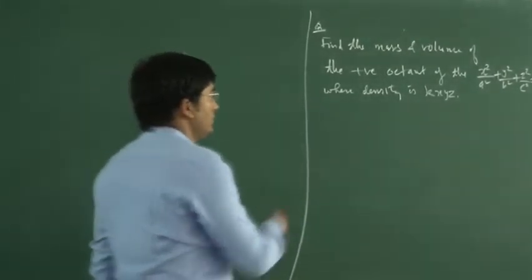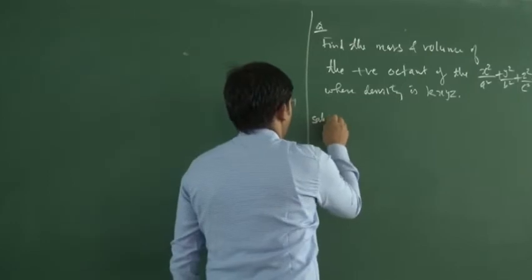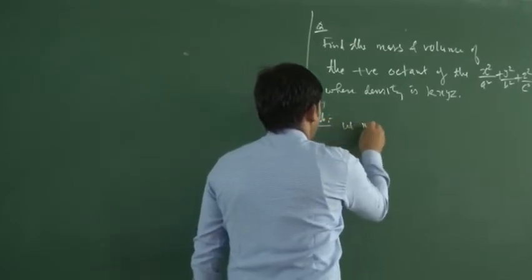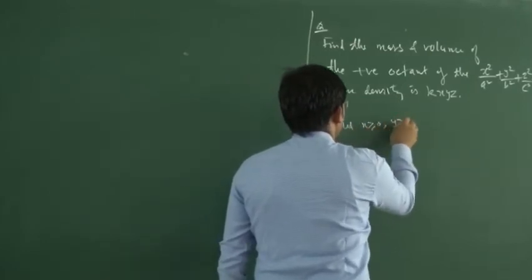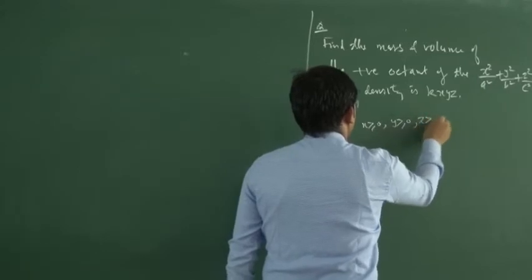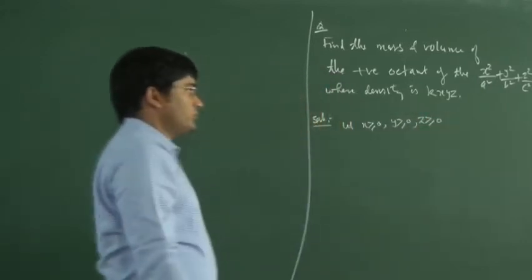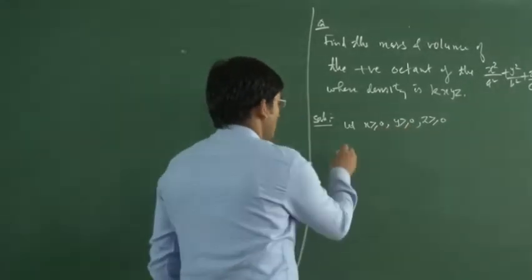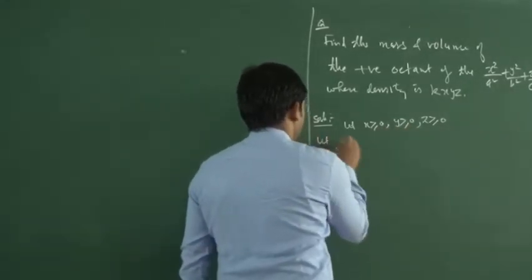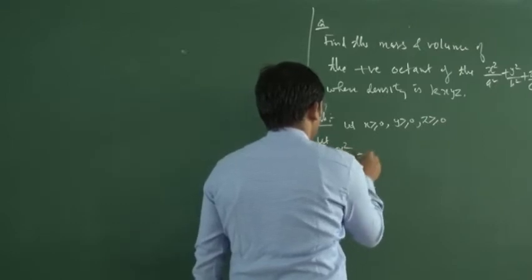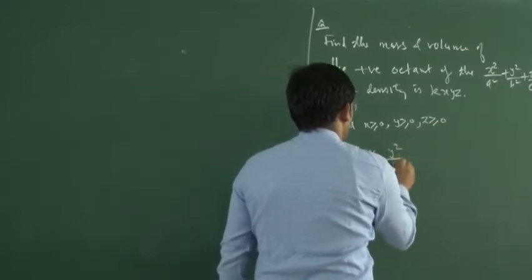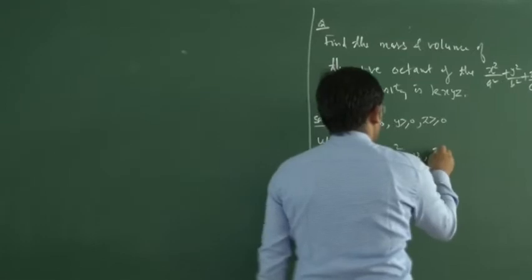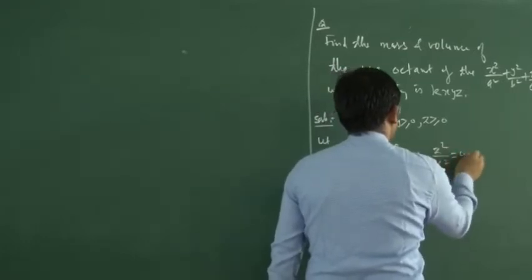So solution: let x is greater than or equal to 0, y is greater than or equal to 0 and z is greater than or equal to 0. For the positive octant we have these conditions. Now let us assume x square upon a square equal to u, y square upon b square equal to v and z square upon c square equal to w.